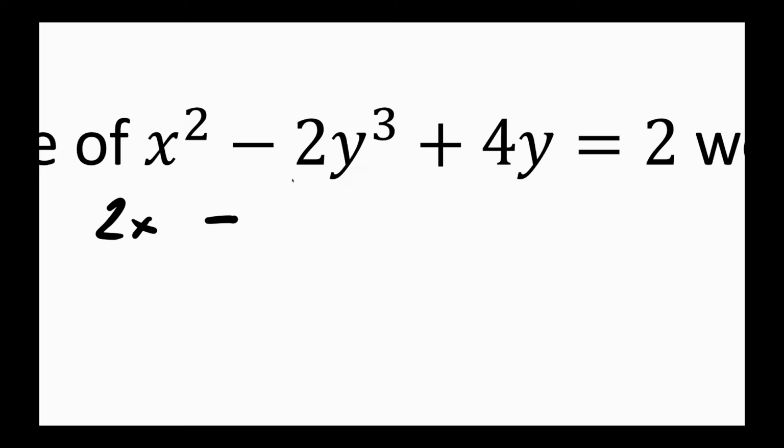What do you think the derivative is going to be of the next term? Take a wild guess. 6y squared. You guys are right. What did I just find the derivative of? Y. So it's got to have a dy over dx. I can't cross that guy out now because it's not a dx over dx.